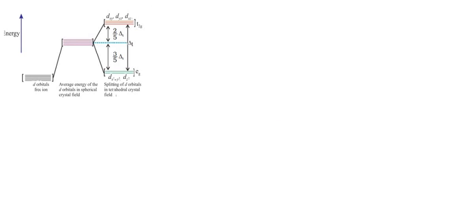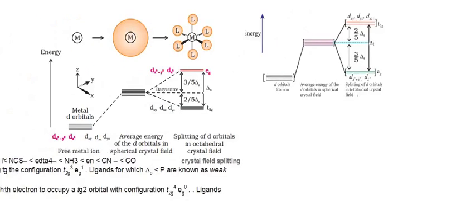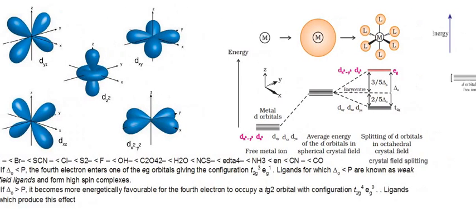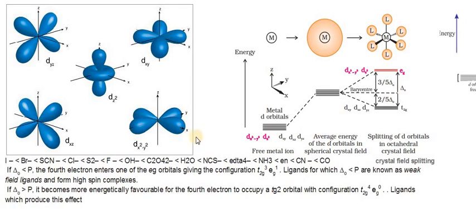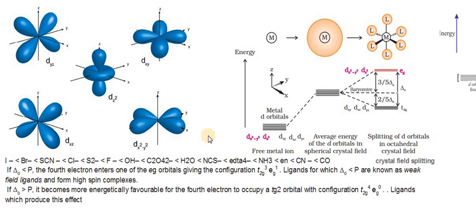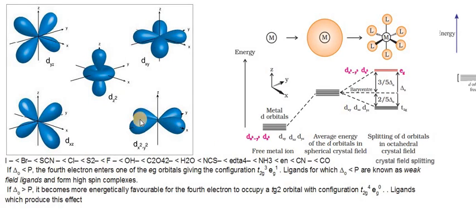So now here the case is a little different. In octahedral complexes, the eg orbitals were higher in energy, but in tetrahedral complexes the eg orbitals are lower in energy, whereas t2g orbitals are higher in energy. Remember, what could be the reason? In tetrahedral geometries, the incoming ligand electrons or charges are not along the axis.